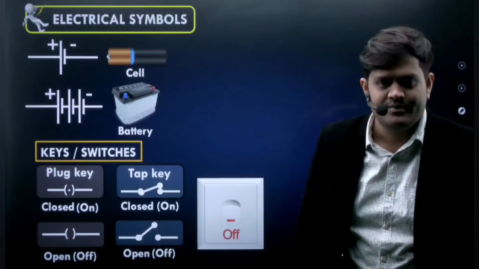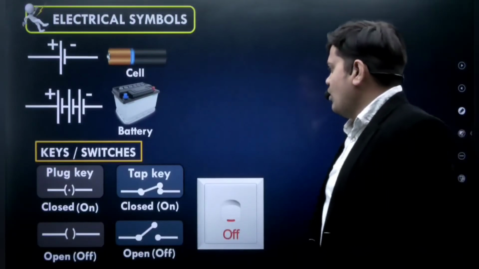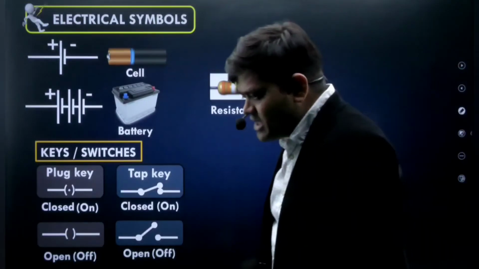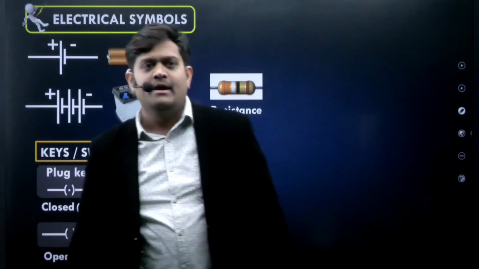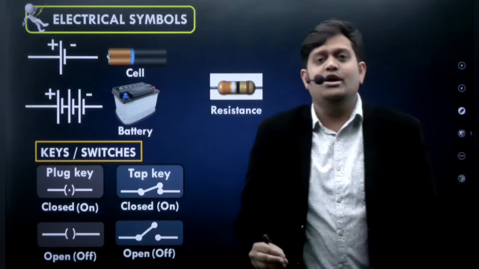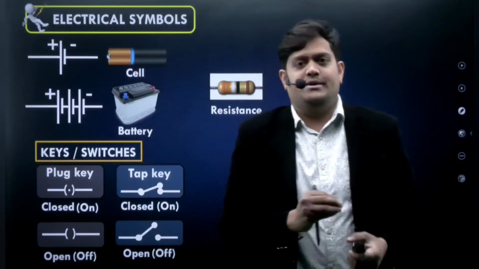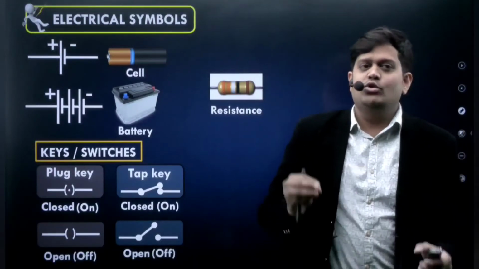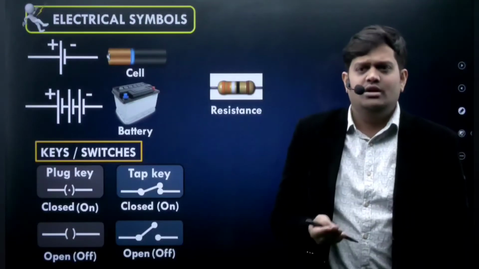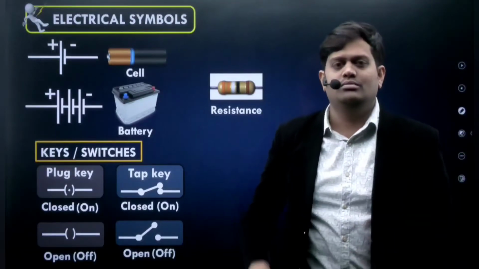Okay, my dear. Now we are going to the next, and the next is resistance. As we know from the last lecture, resistance is the property of the conductor to oppose the flow of current. If the resistance is more, current is low.